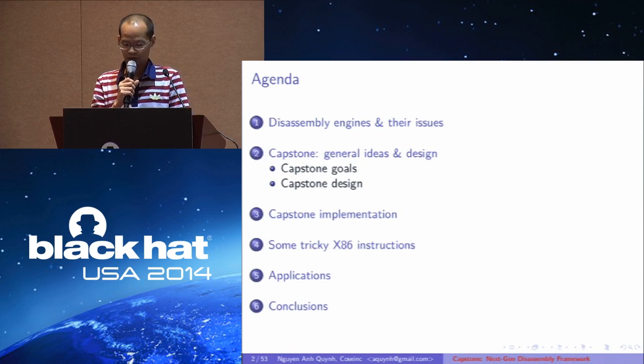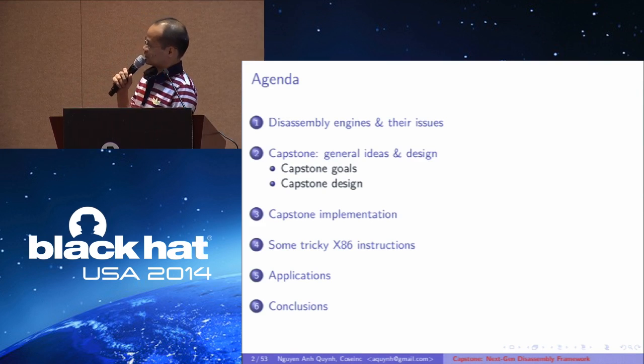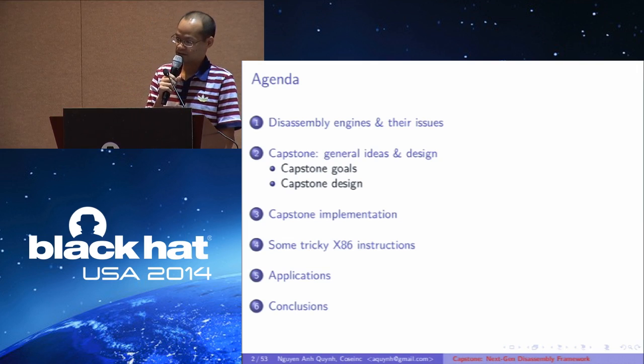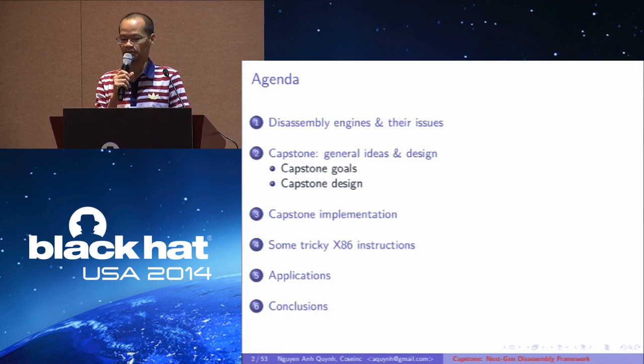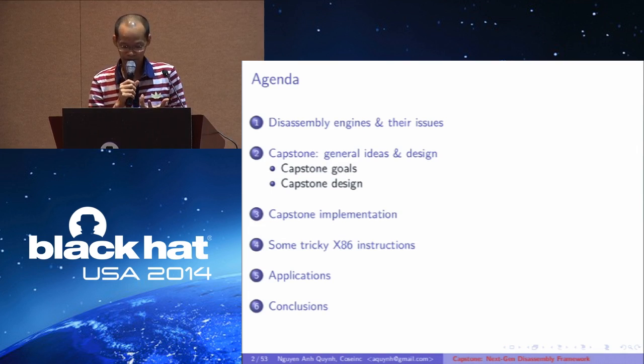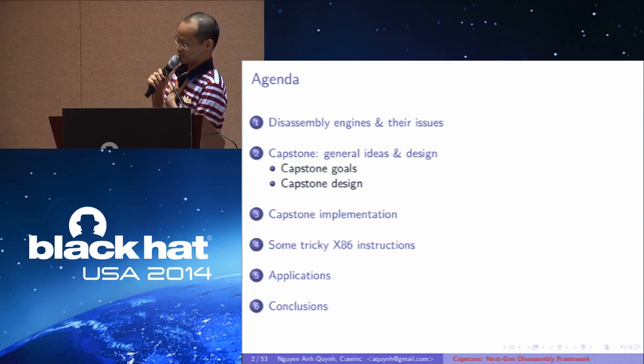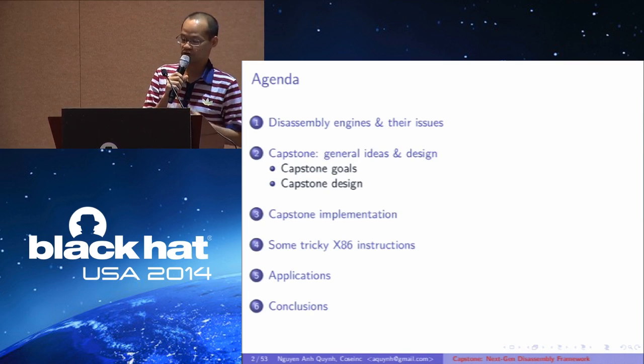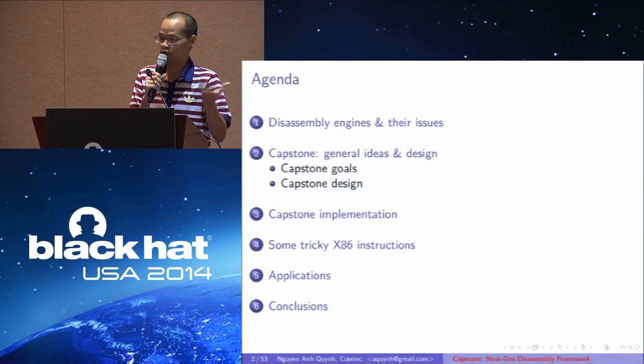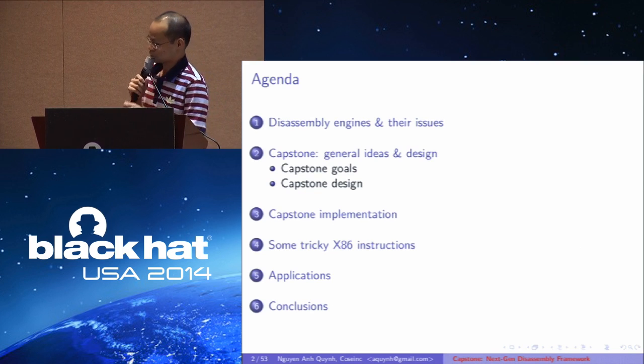Next, I introduce the implementation in detail. After that, I introduce some very tricky x86 instructions, and some of them no other engine can handle, but Capstone can. And after that, there are some applications built on top of Capstone, because Capstone itself is a framework, it's not a tool. And conclusion.